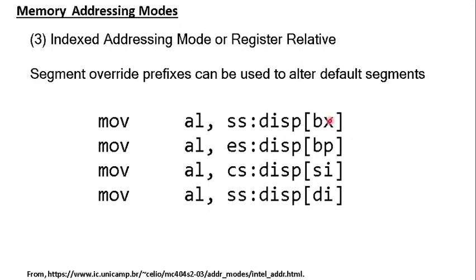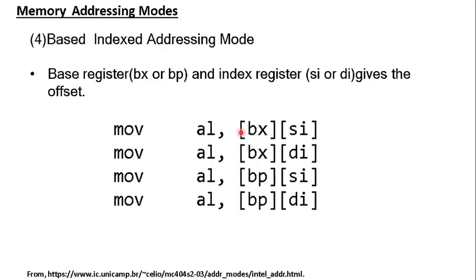Then if you need to alter the default segment behaviors of BX or BP, it's always possible by using segment override prefixes. Here in the first case, BX usually operates with our data segment, but if you need to operate it with the stack segment, the SS segment override prefix can be given.